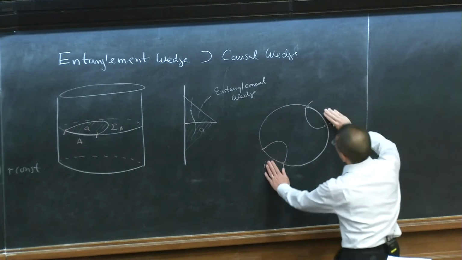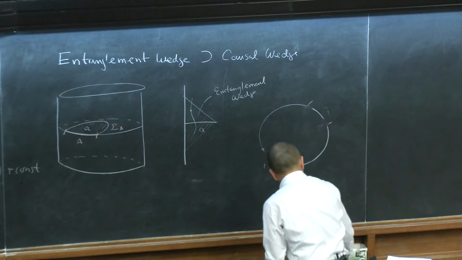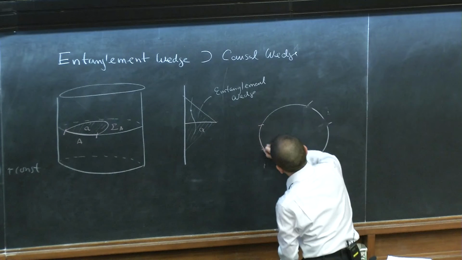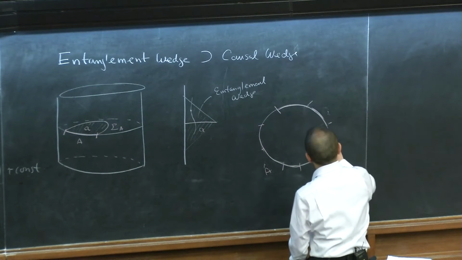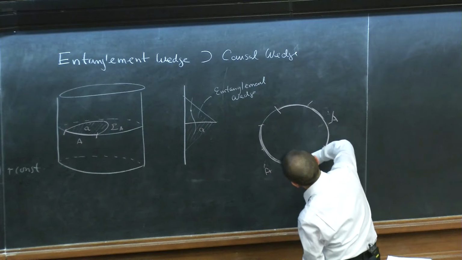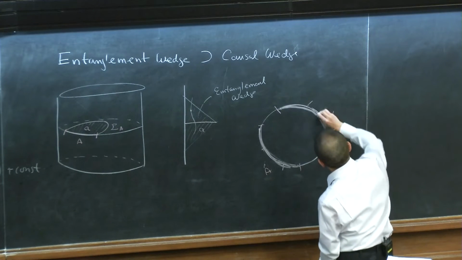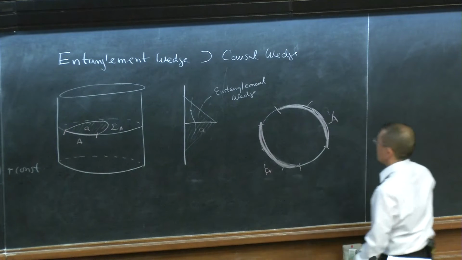But suppose A is slightly bigger. Suppose A goes like this, and then goes like this. So this is one segment of A, and this is the other segment of A. Okay?